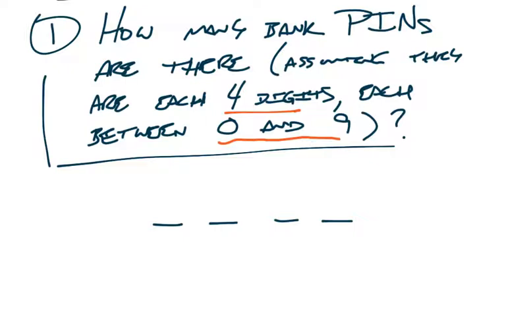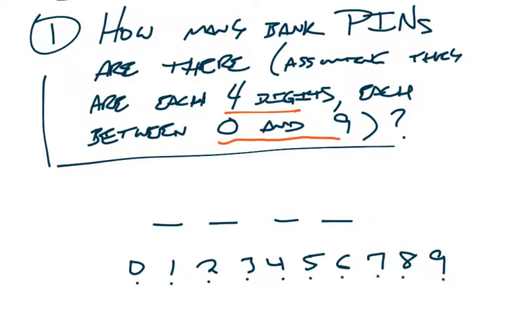Right, so these are the 4 digits that are available to us. And for any one of these, we have a number of options. Right, if I write out all the digits that are available to us, those are the digits that are available, and there's 1, 2, 3, 4, 5, 6, 7, 8, 9, 10 of them. All right, so we have 10 options.